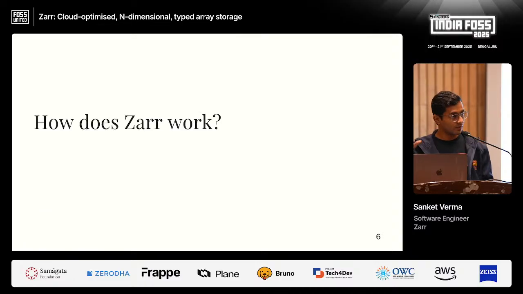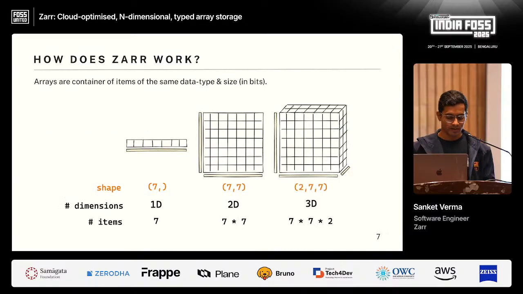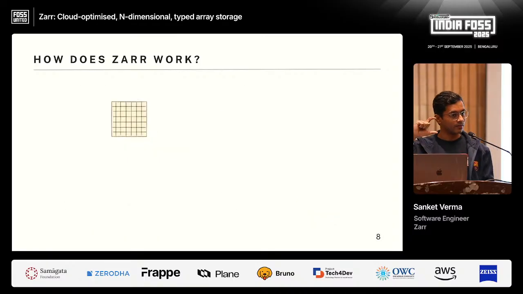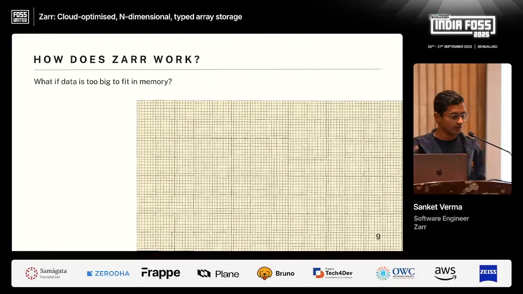So I'll briefly explain how Zarr works. We have different shapes of arrays: 1D, 2D, 3D, and ND. If you have a small array which you can easily fit into your memory, you can do operations on it, and that's completely fine, right? But what if the data is too big to fit in your memory? It'll crash, you'll get runtime memory errors, and your laptop will crash.